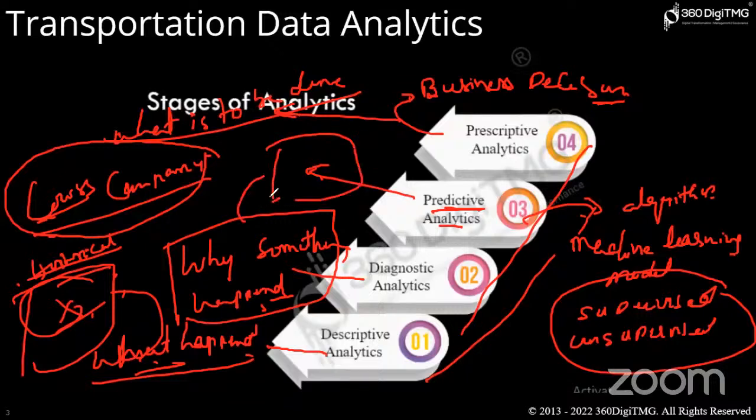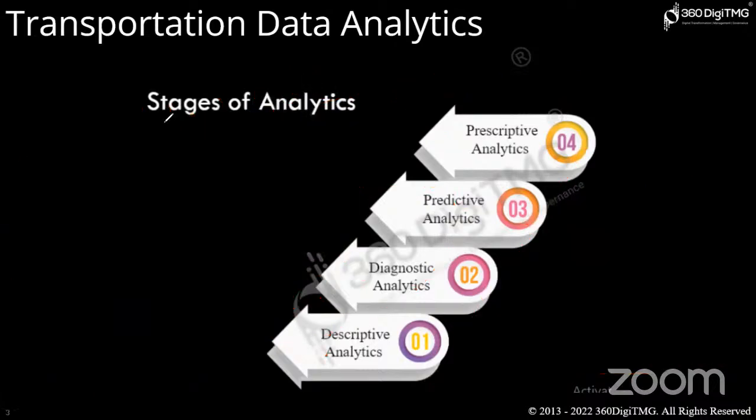We'll be getting the loss, or maybe you're getting into bankruptcy. We can do the predictions, and after that, the business decisions we make are based on these different stages. So this is all about the stages of analytics: descriptive, diagnostic, predictive, and prescriptive.